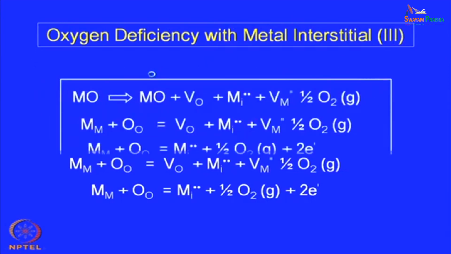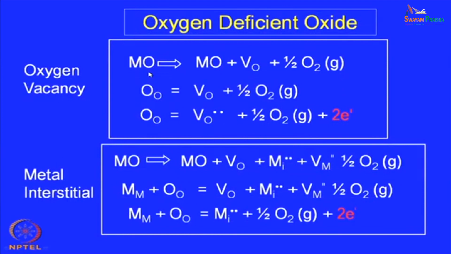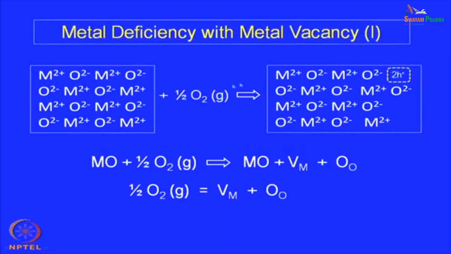Oxygen was on the right and now oxygen is on the left. So, we are adding oxygen and oxygen goes into this lattice in the form of a metal vacancy. If you add extra oxygen, the corresponding metal you are not adding. So, metal vacancies are created.